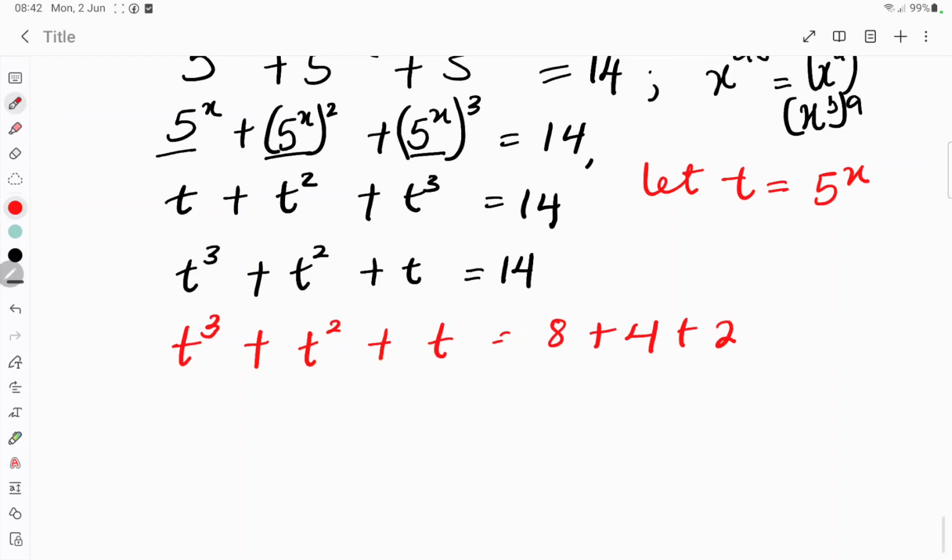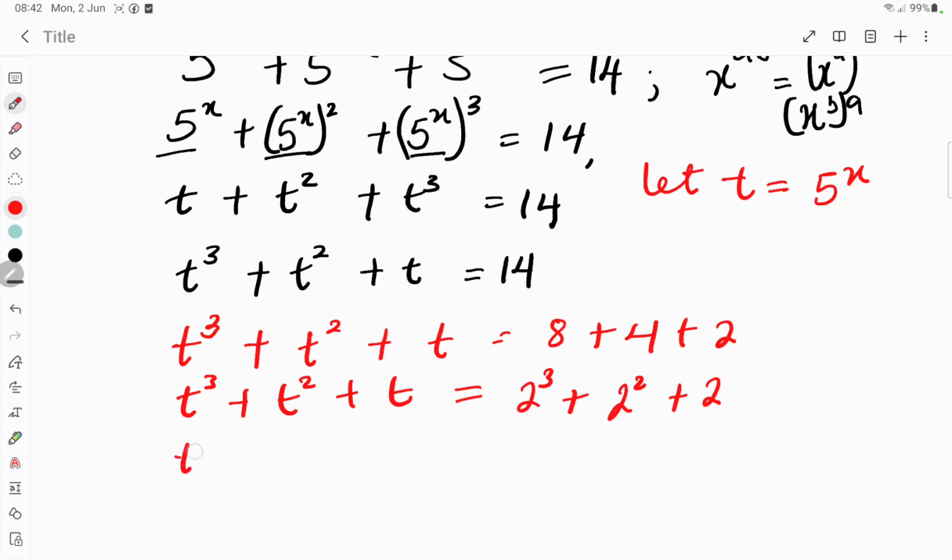So we can say that t cubed plus t squared plus t is equal to 2 cubed, because 2 times 2 times 2 is 8, plus 2 squared plus 2. If you agree with this, we'll now subtract each of them across the equality sign.